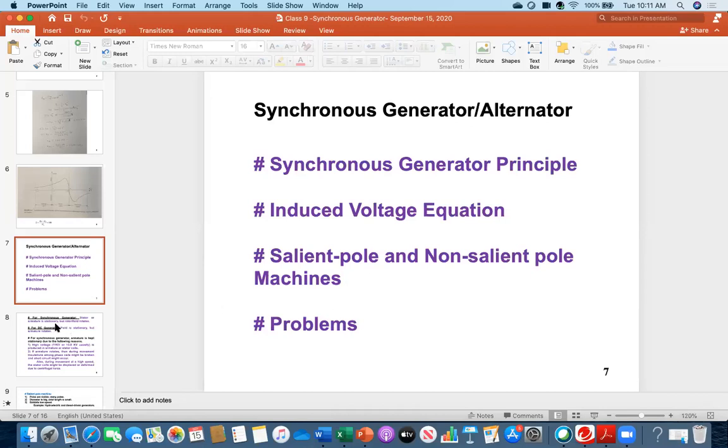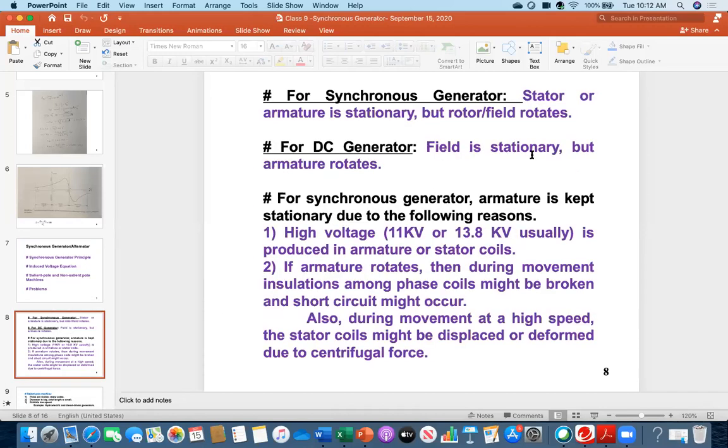So first of all, what I have written for the synchronous generator: here there is some similarity with the induction machine that we have learned so far. You know that the induction machine has a stator and rotor.